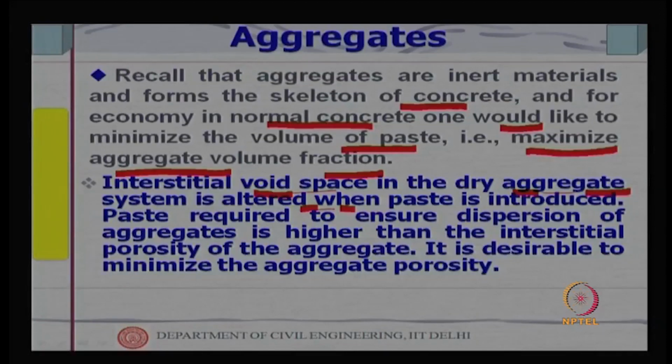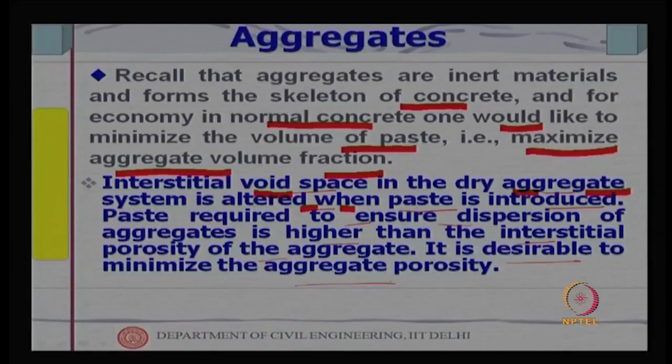This void space in the aggregate is altered when paste is introduced. So, paste required to ensure dispersion of aggregates is higher than the interstitial porosity of the aggregate, and it is desirable to minimize the aggregate porosity or void content.